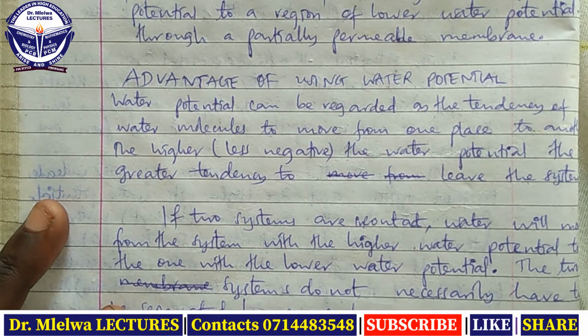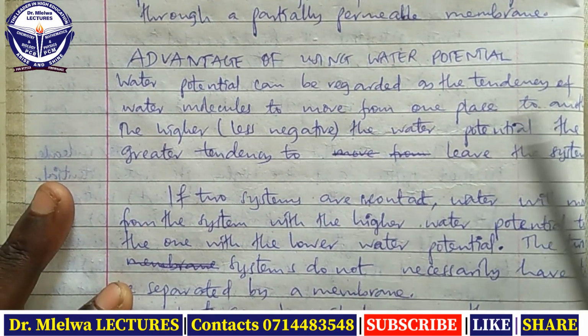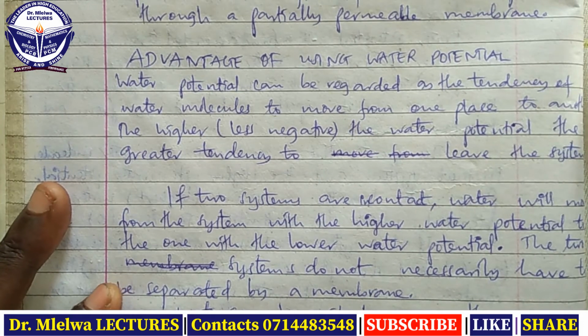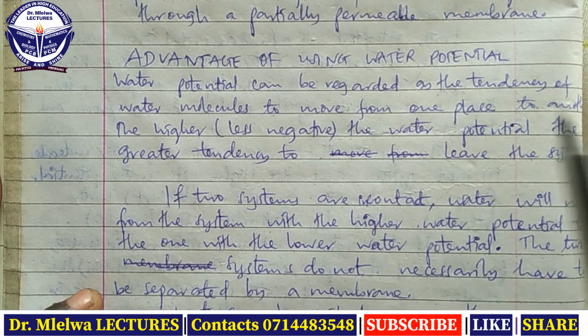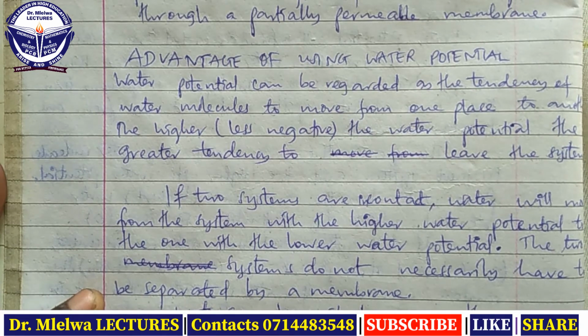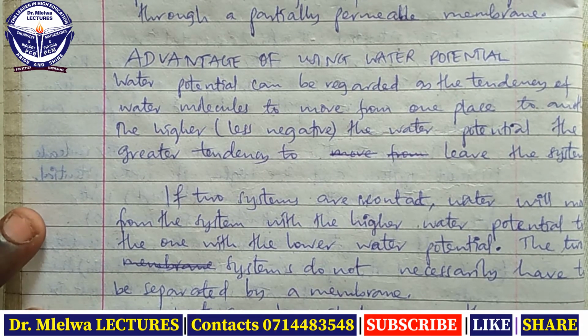The higher or less negative the water potential, the greater the tendency to leave the system. That means if we put in contact two solutions having different values of water potential, water will move from the side with the higher water potential to the side with the lower water potential. That's how water will tend to move.